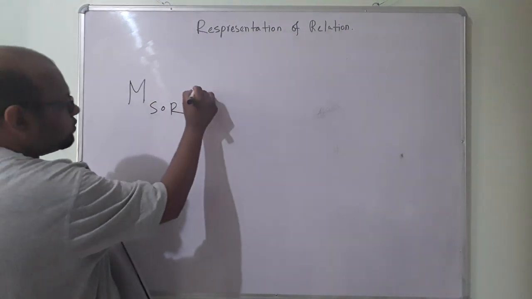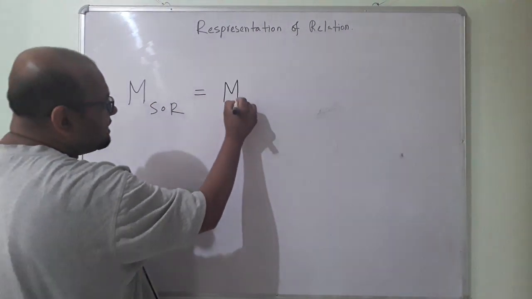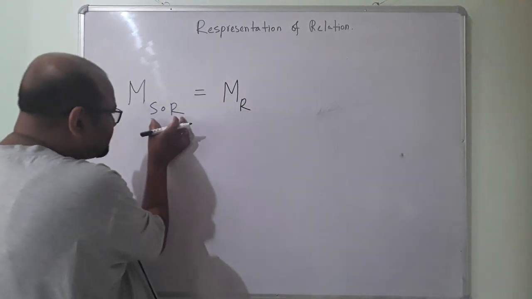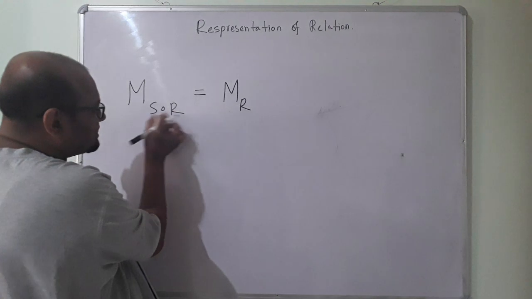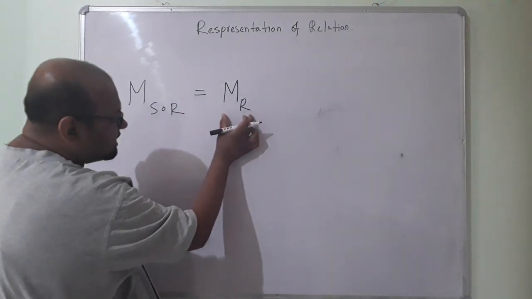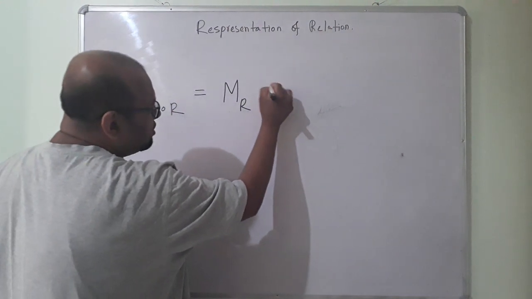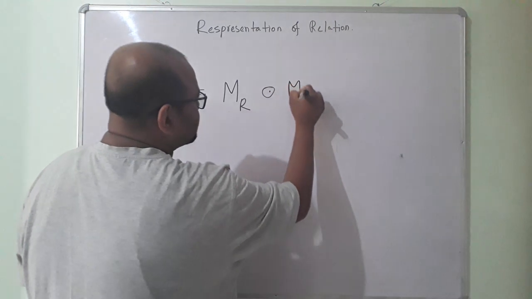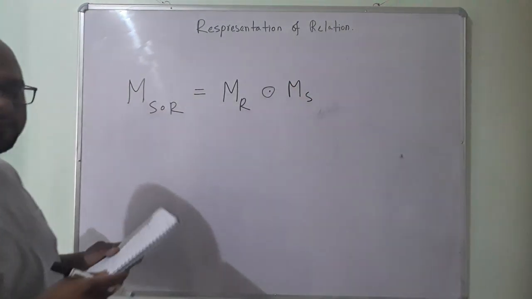How will we find that? We will find that by first taking matrix R, the composition R compose S, written with this operation. We will take matrix R and we will do something called a binary product with matrix S.